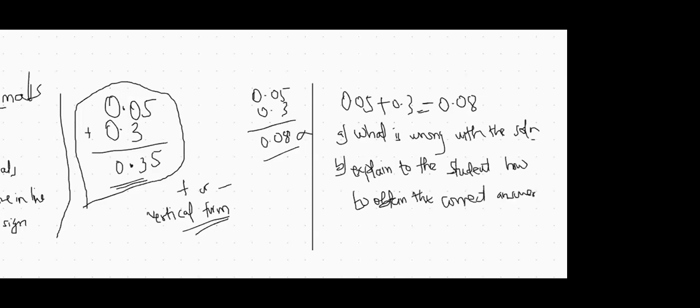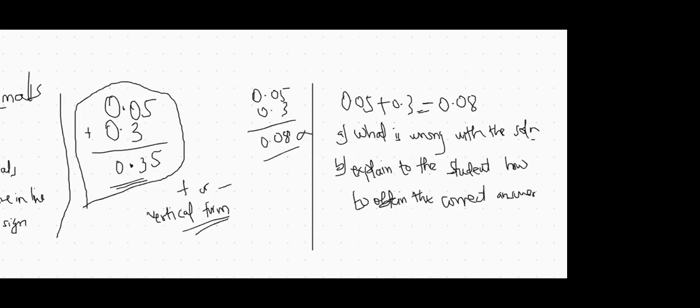Please, are we together? Yes. So in a previous exam, sometimes they would say, with the same question we just solved, a student answered the question 0.05 plus 0.3 is equal to 0.08. A, what is wrong with the child's solution?